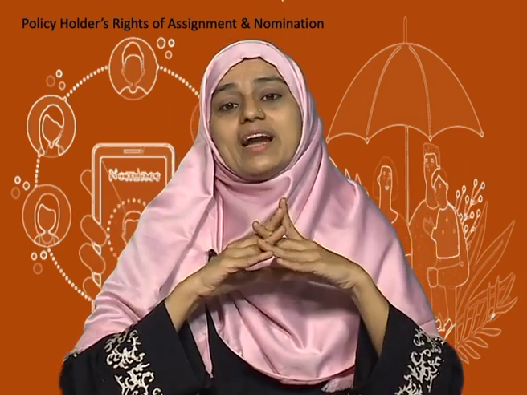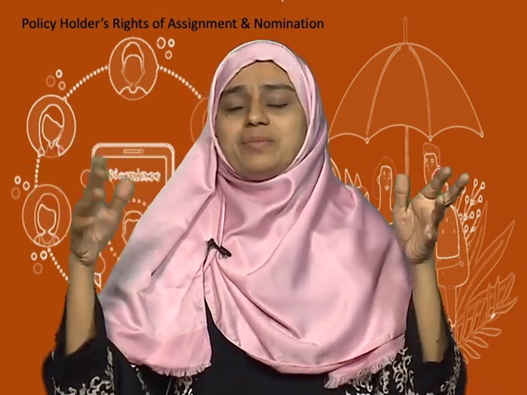Therefore, minor nominees who are less than 18 years of age are not considered eligible to handle claim amounts, so the policyholder will have to appoint a custodian or an appointee. The claim amount will be paid only when the minor turns 18 years of age. Minor nominees are given by most policyholders as a nominee.